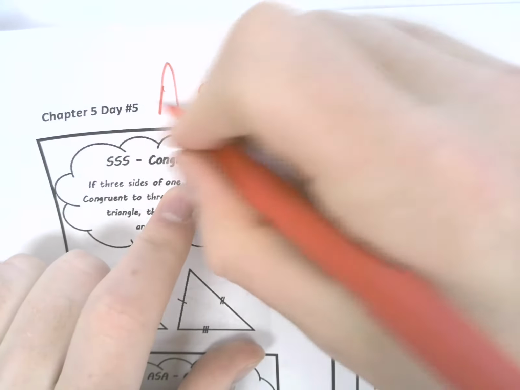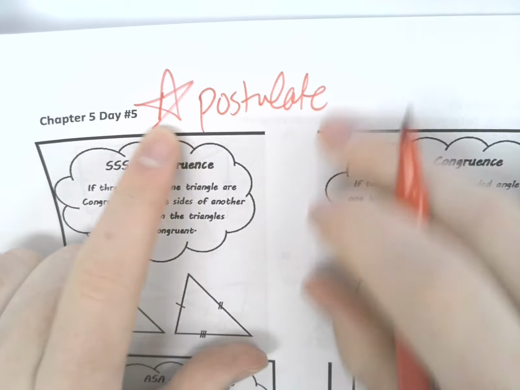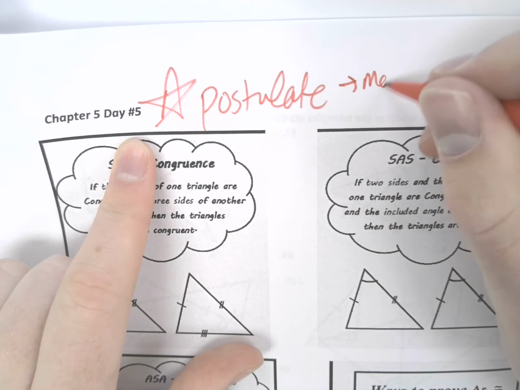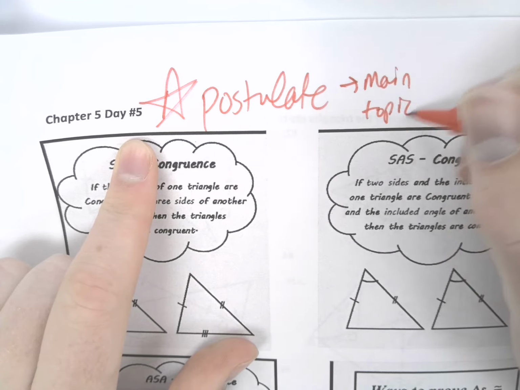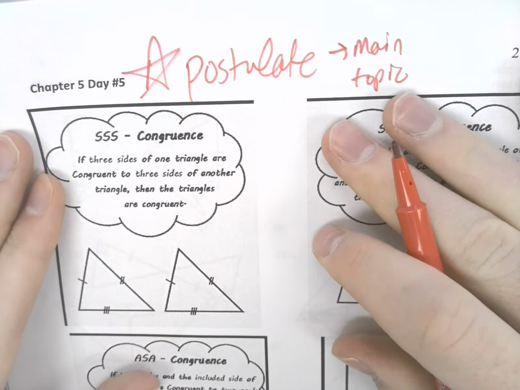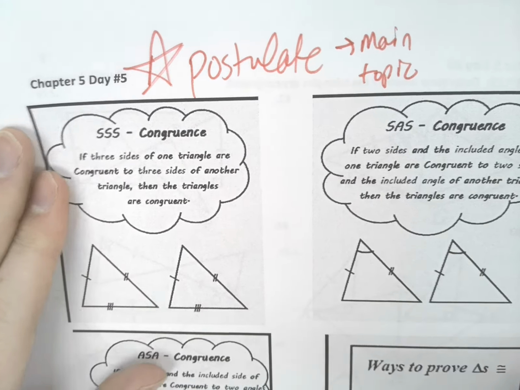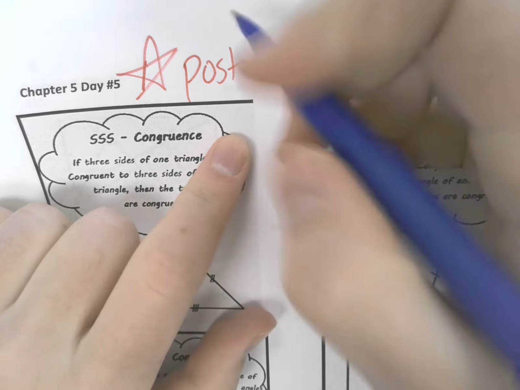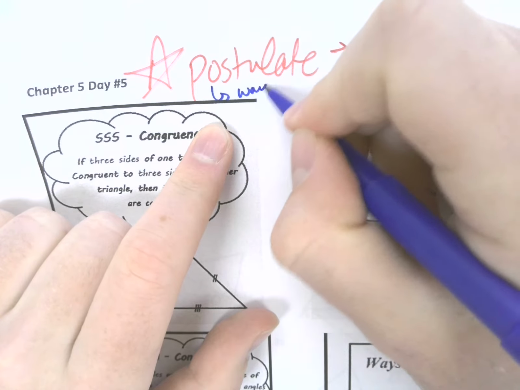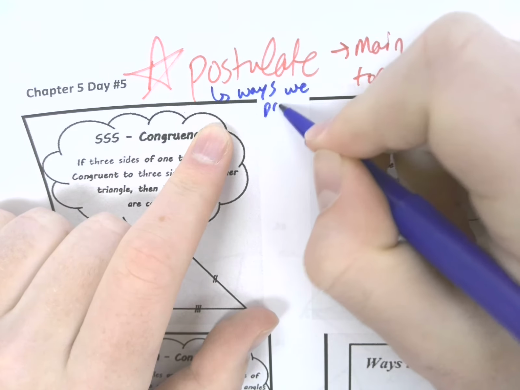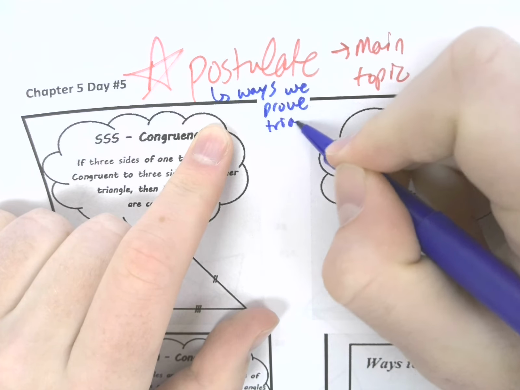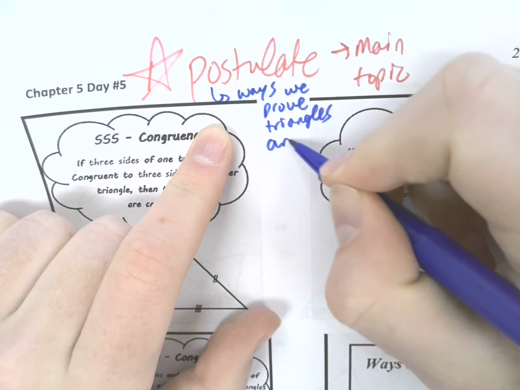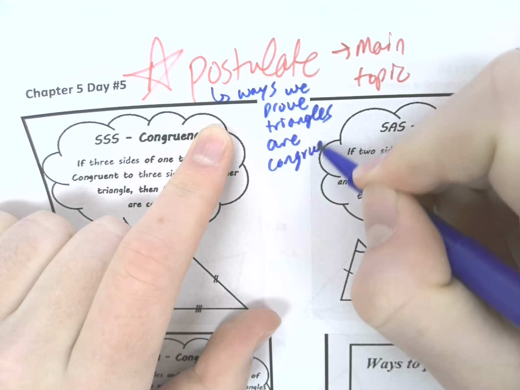This is going to be the big postulate of the day, the main topic. It's going to follow us through most of the rest of this chapter. These are ways we prove triangles are congruent.